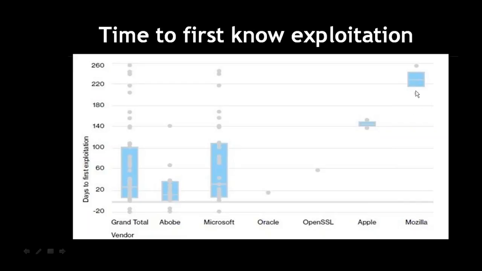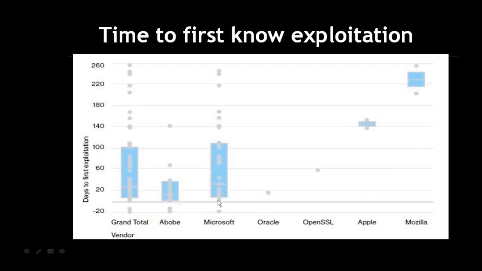You have various vendors here along the x-axis, and then you have days to first exploitation on the y-axis. Now, if you have a look at Mozilla, if there is a vulnerability in Mozilla, the time taken by an attacker to know that there is a vulnerability is going to be quite high when compared to that of Microsoft.